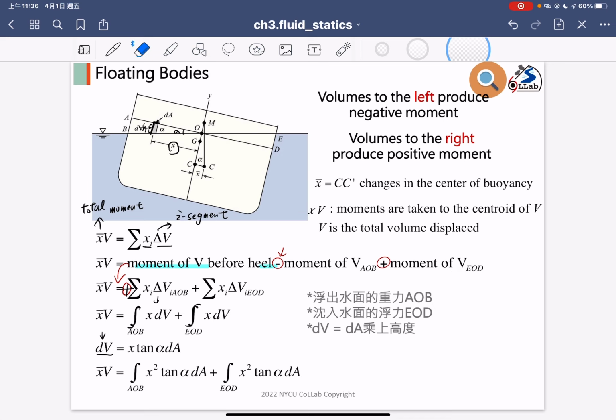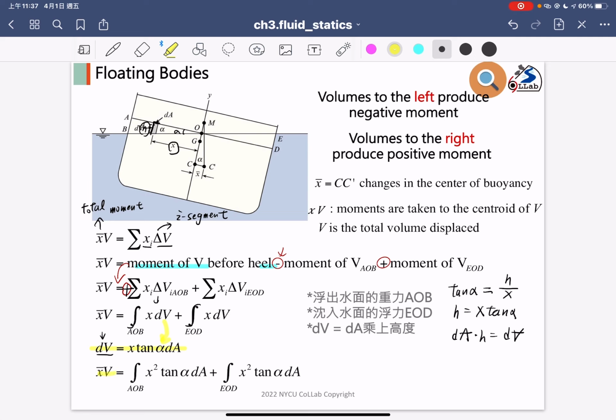This is the alpha angle. So the tangent alpha is equal to x over h. So the height is equal to x tangent alpha. And the small area dA multiplied by the height in here is equal to the dV. Okay, so that's why we have the dV in the equation in here. So we can just replace the dV by x tangent alpha dA.